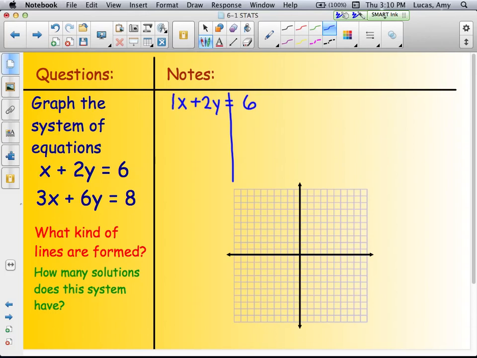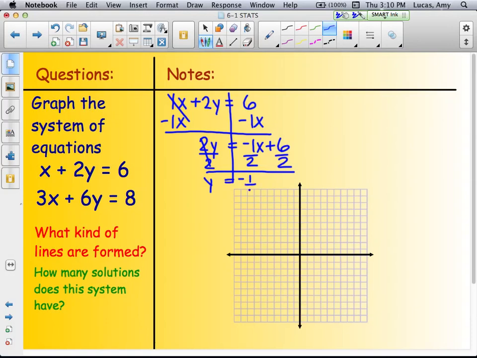Actually, I'm going to put a 1 in front of my x first. Now I can subtract that 1x on both sides. 2y equals negative 1x plus 6. And then I divide everything by 2. So now you can probably see why I wanted the 1 in front. So y equals negative 1/2 x plus 3.